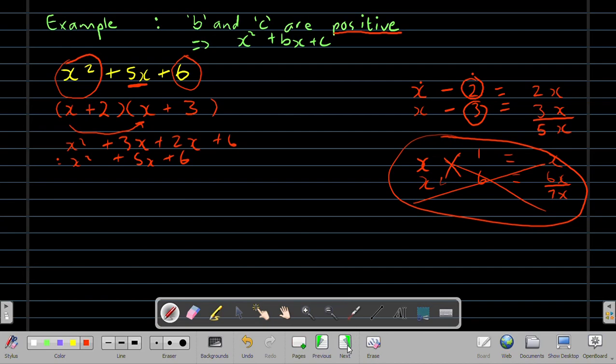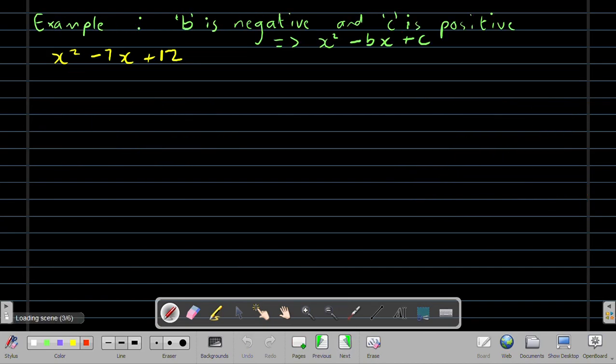So let's go on to the next one. So the next one gets a bit trickier. Here we have b is negative and c is positive. So we get something in this form right here. So here we have the example, x squared minus 7x plus 12. Alright, so what do we have here?